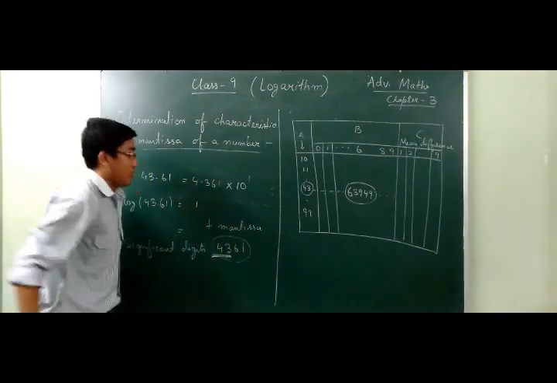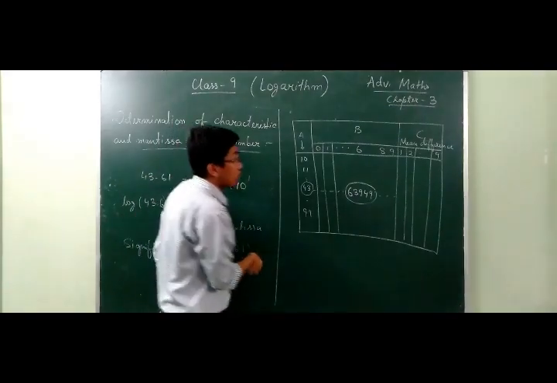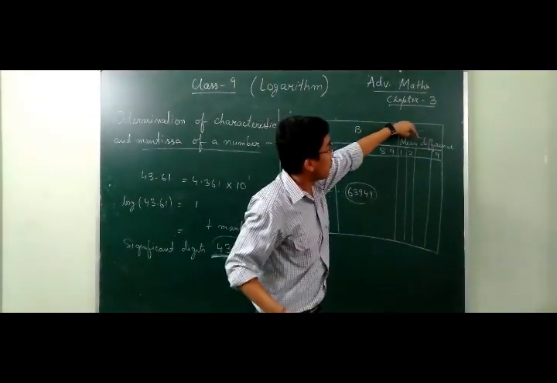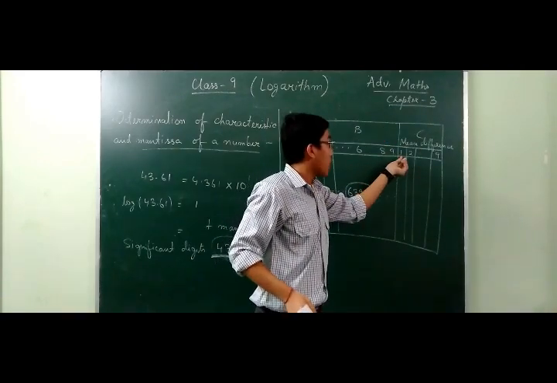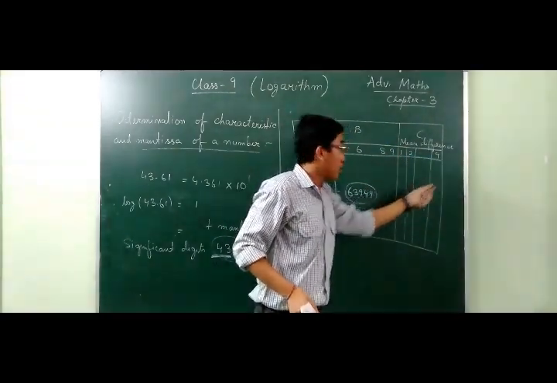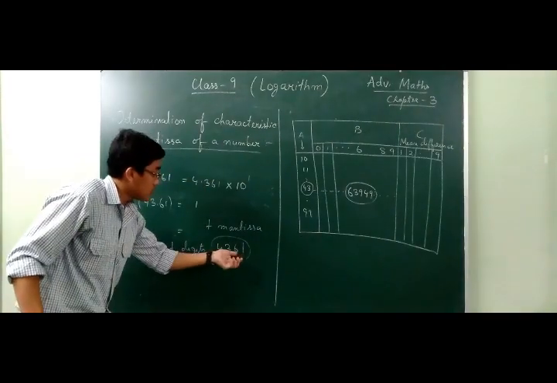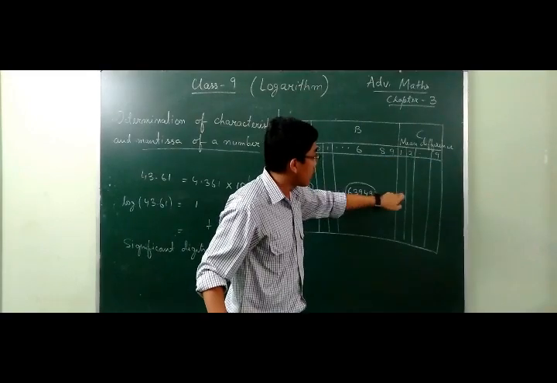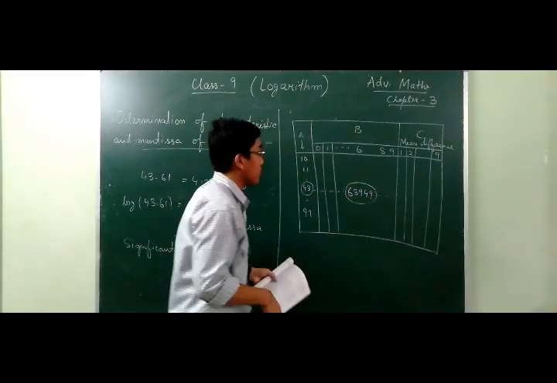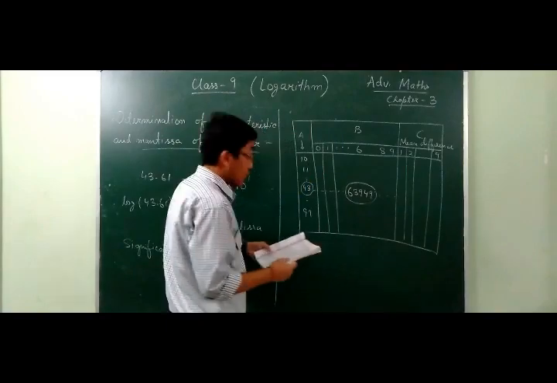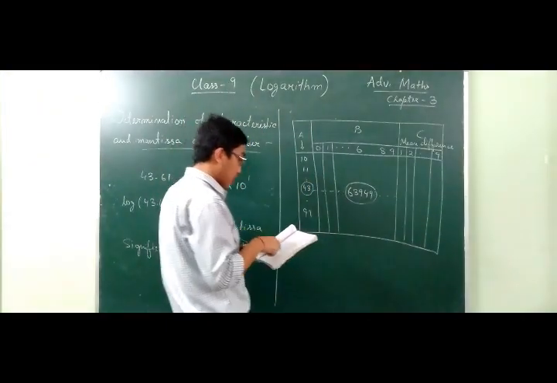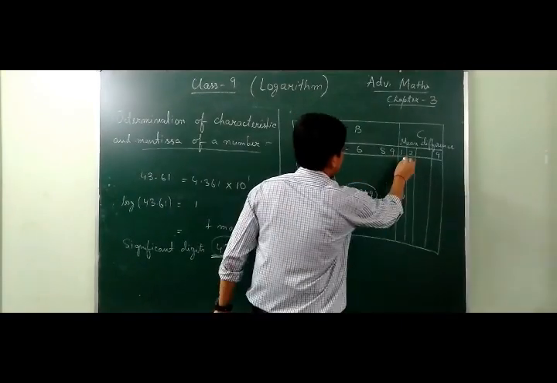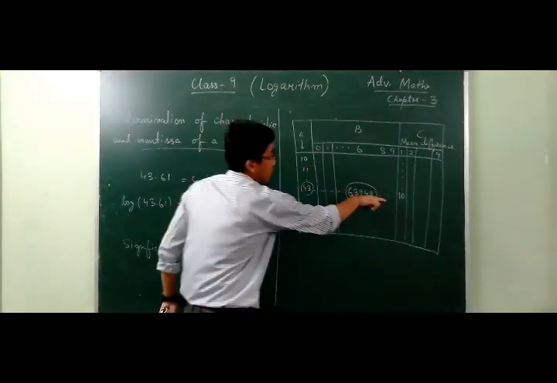This one will be taken from the mean difference columns. Here another column is there, mean difference, and here also I have numbers 1, 2 up to 9. Since I have 1, I will take 1 and check the number corresponding to this 43rd row. When you see from your log table, you will get the number 10 here.